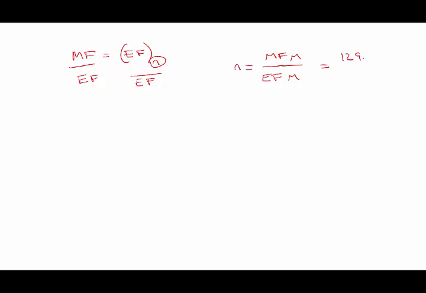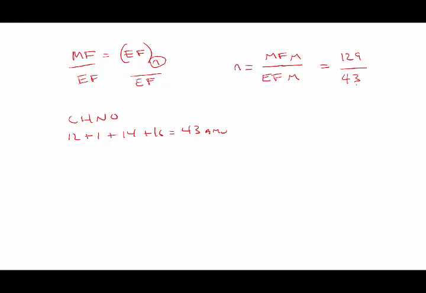If we calculate out the empirical formula mass, CHNO, that will be 12 plus 1 plus 14 plus 16 equals 43 AMU. So that's the empirical formula mass.